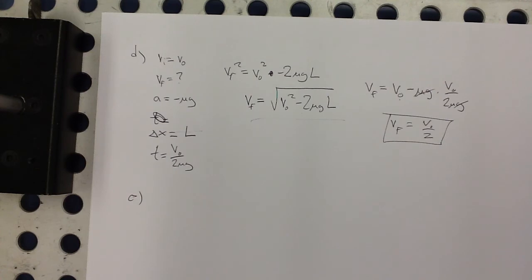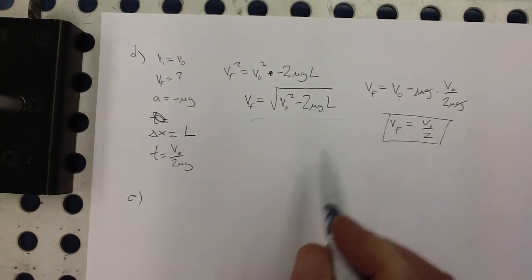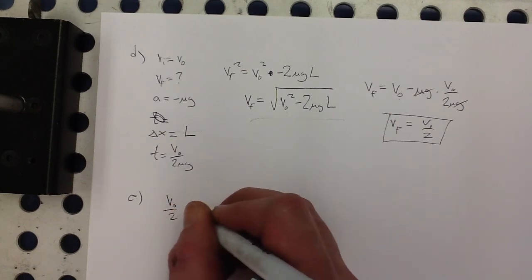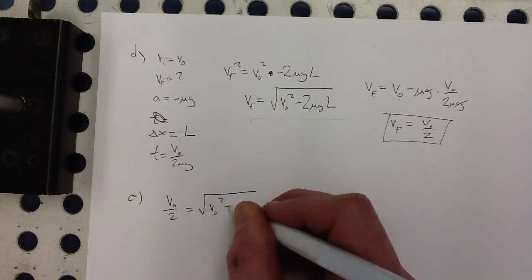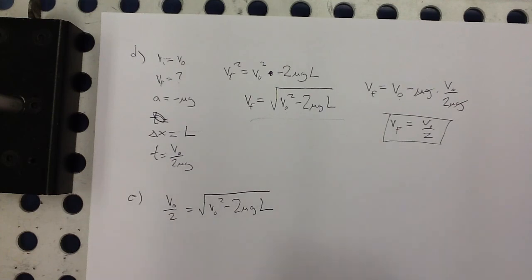Okay, and then last we want to derive an expression for the distance L. Well, I think we could do that probably with these two expressions, couldn't we? We could set those equal to each other. So let's see if that gets us anywhere productive. Square both sides of that.